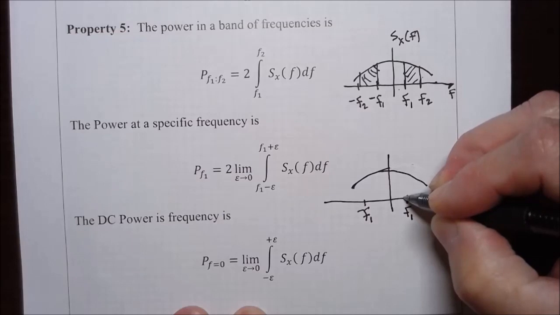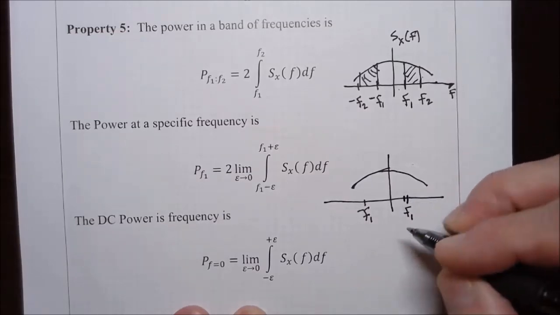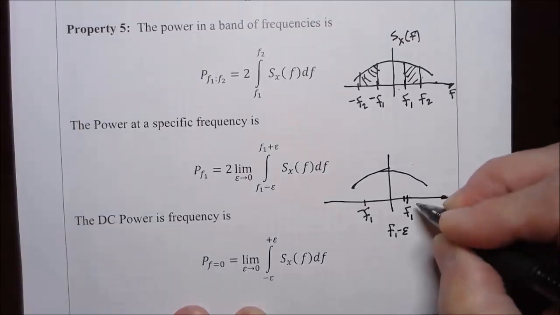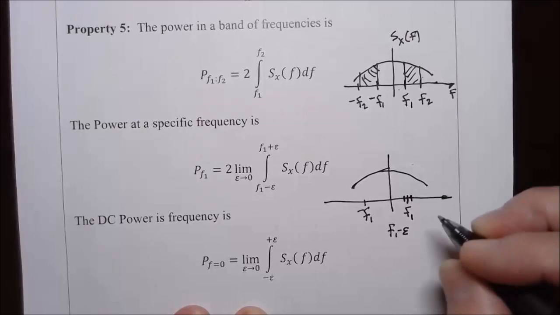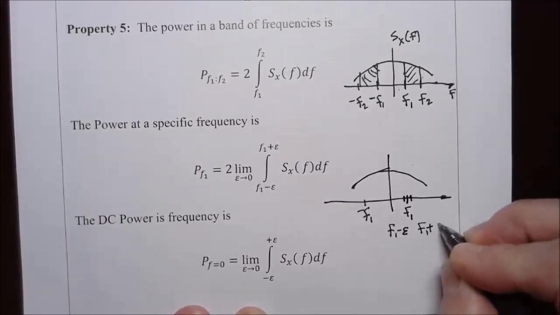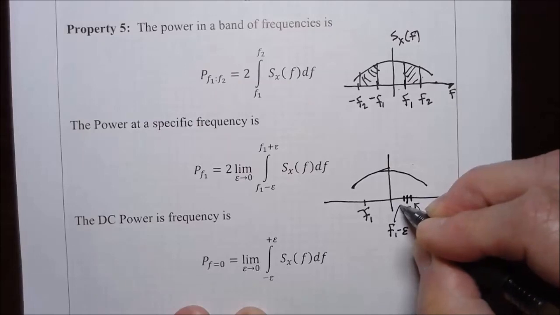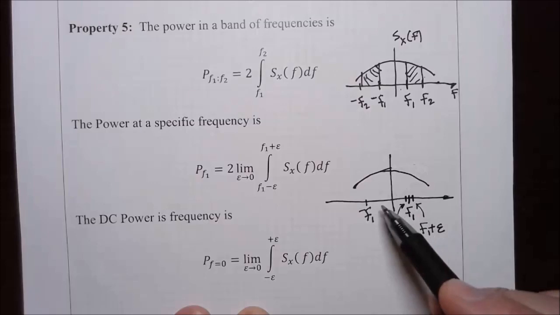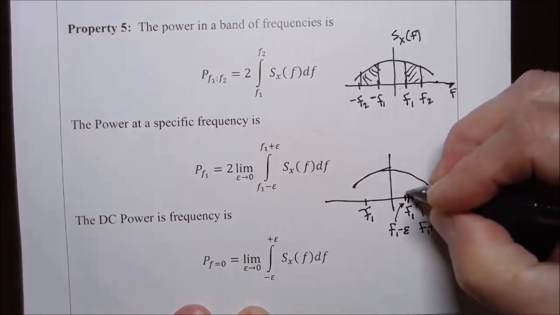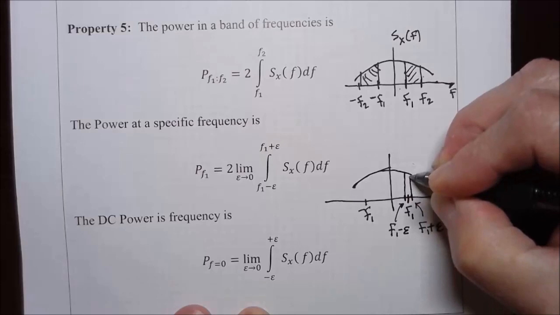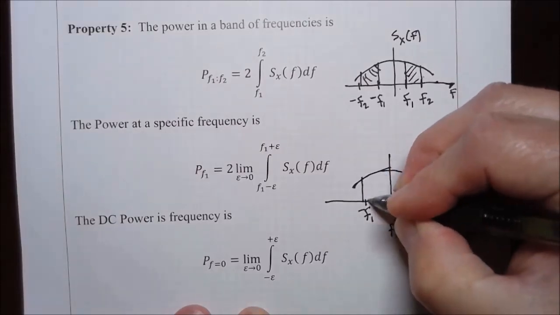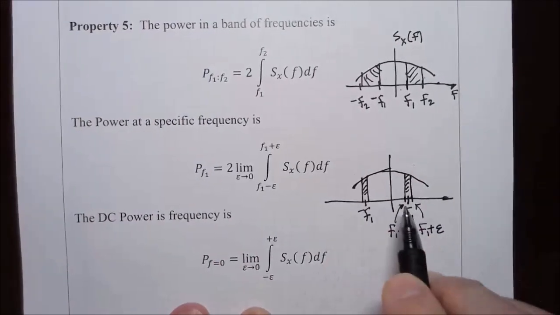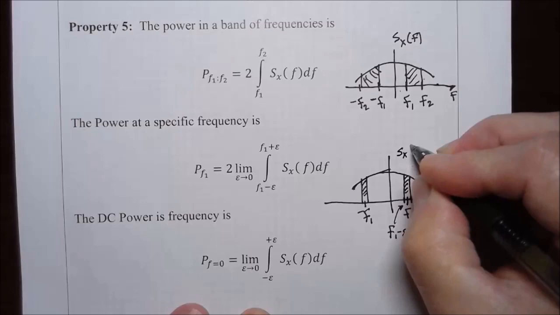So we can integrate from just to the left of F1, this is going to be F1 minus epsilon, and we're going to integrate just to the right of F1, this is going to be F1 plus epsilon. So this is our range of integration, and then we're going to let this value of epsilon go to 0. So we're integrating this area, doubling it because of the symmetry in the power spectral density.